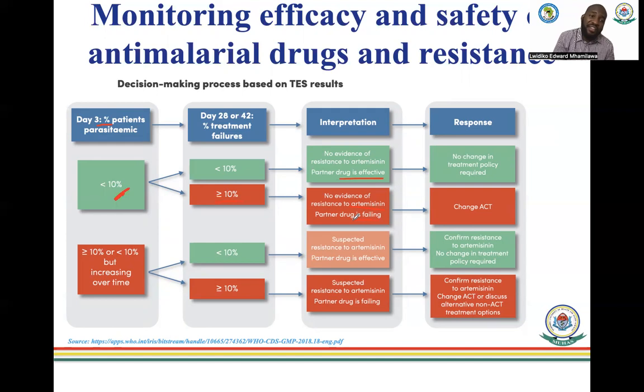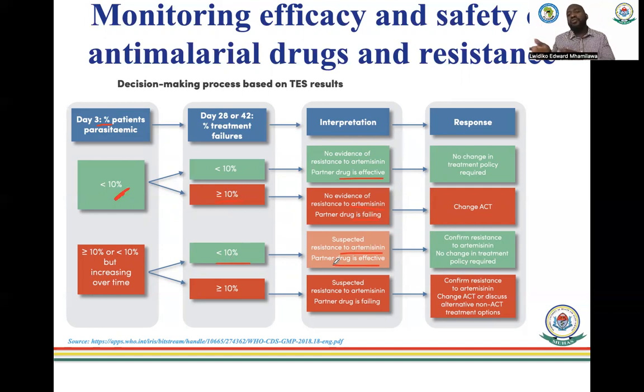But then if at day 3 you have more than 10% of your patients parasitemic, or less than 10% but it is increasing over time, and then by day 28 or day 42 none of these people are sick anymore, then you suspect artemisinin resistance, because your partner drug is effective, since the partner drug is responsible for clearing the remainder part of the disease.